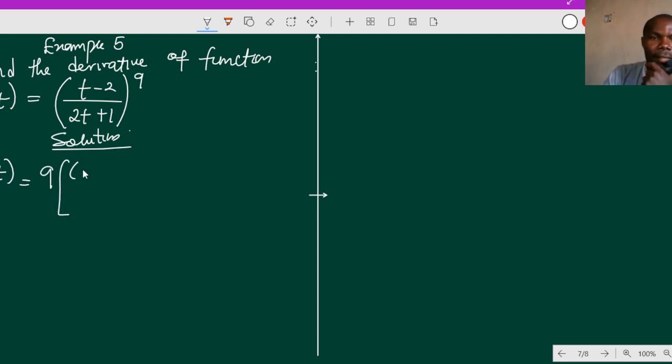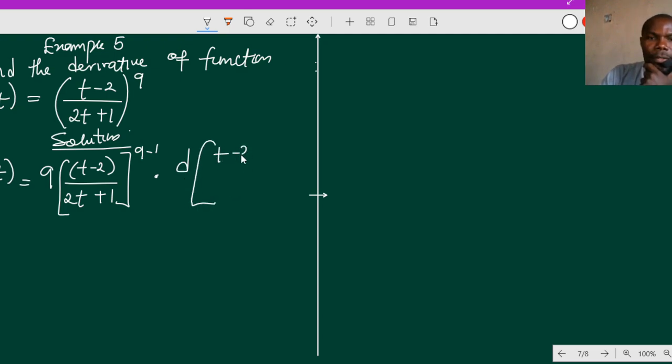You will write t minus 2 over 2t plus 1, raised to 9 minus 1, dot derivative of t minus 2 over 2t plus 1 with respect to x. So this is the advantage of understanding this.